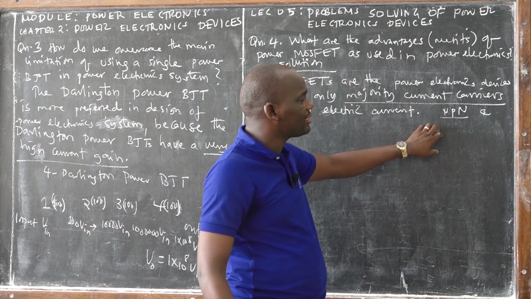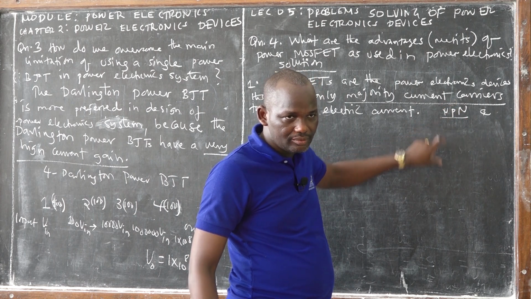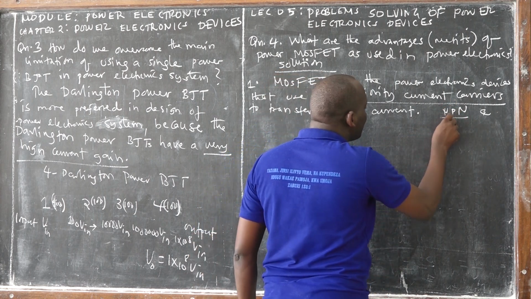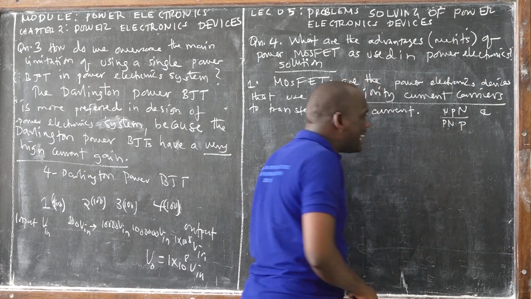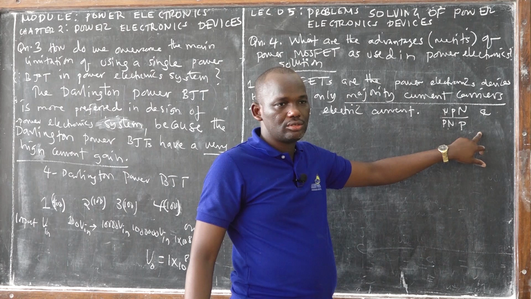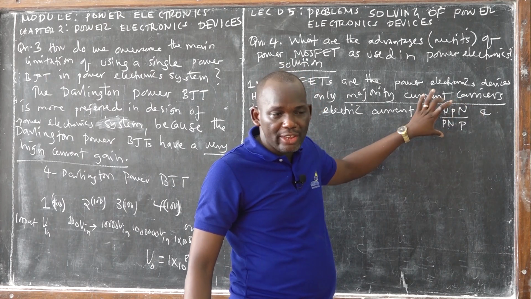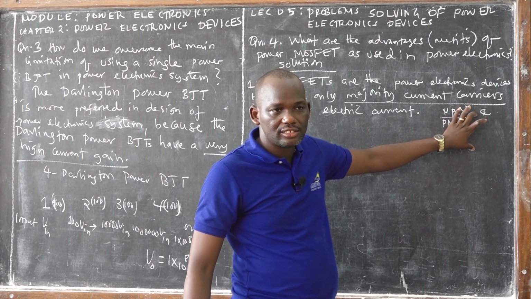Also, for PNP transistors, the majority carriers are holes and minority carriers are electrons. So in these transistors, we have two current carriers, majority carriers and minority carriers.